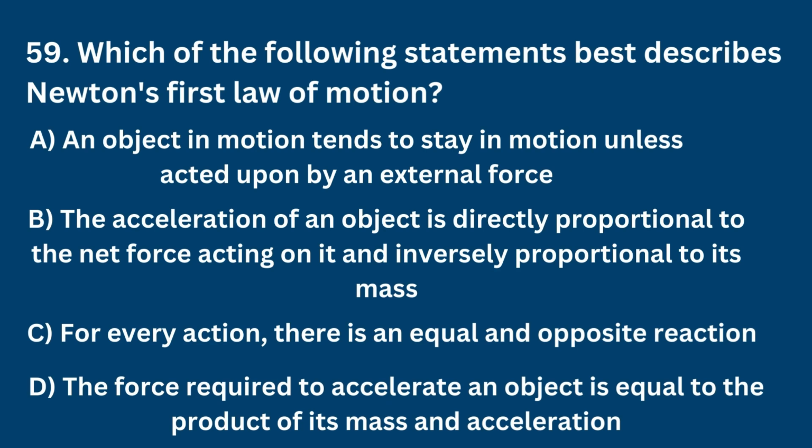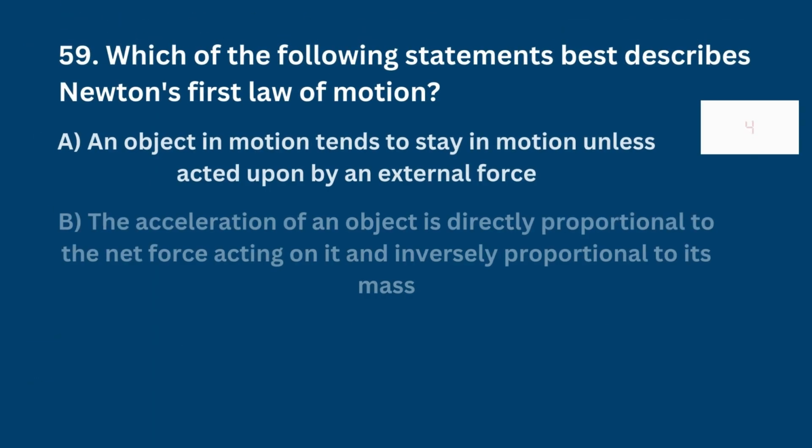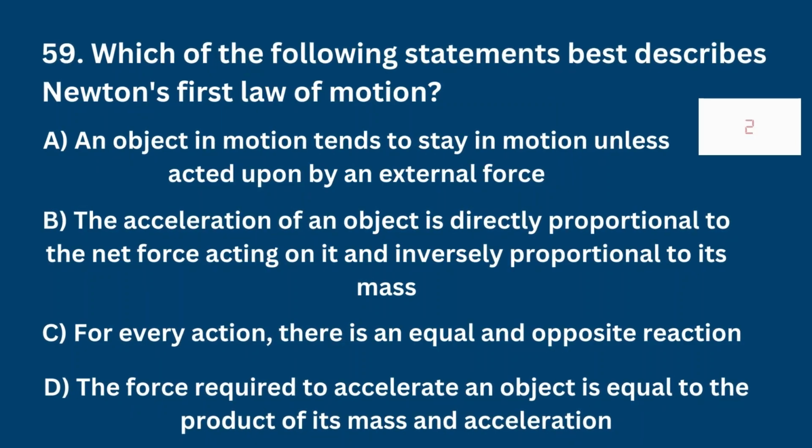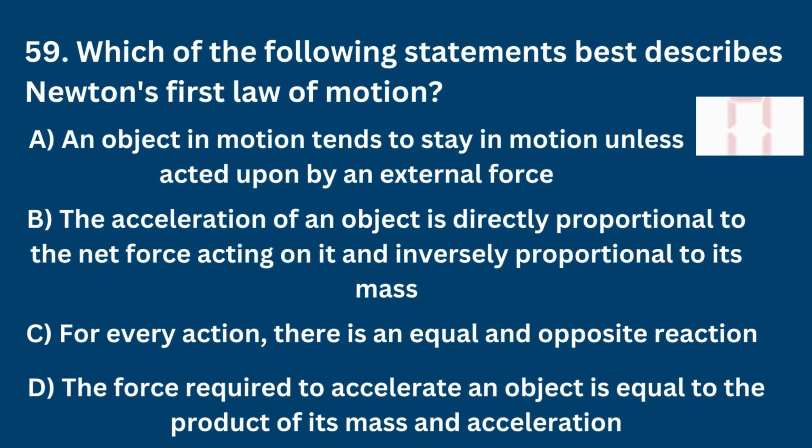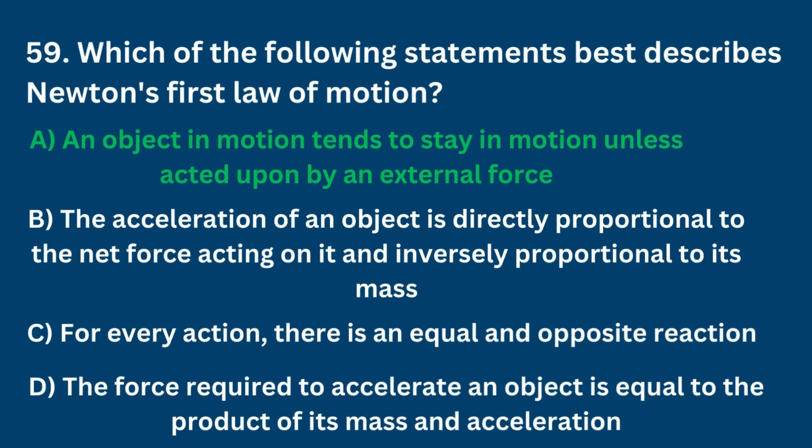C. For every action, there is an equal and opposite reaction. D. The force required to accelerate an object is equal to the product of its mass and acceleration. Correct answer is A. An object in motion tends to stay in motion unless acted upon by an external force.